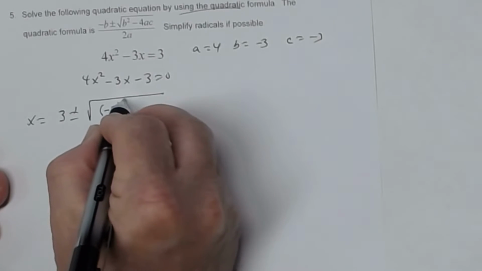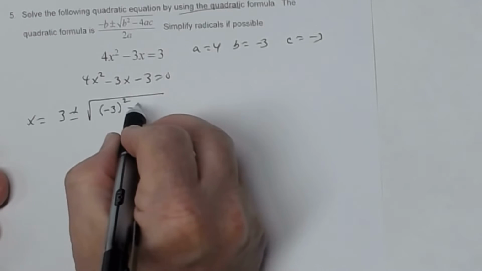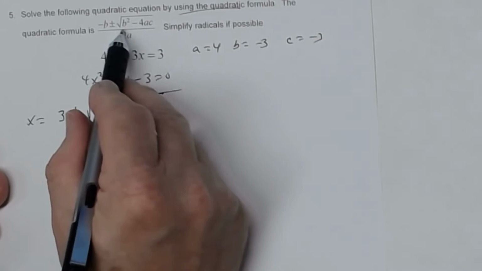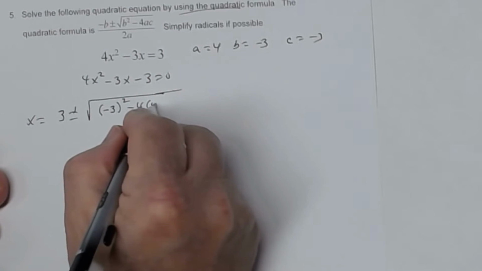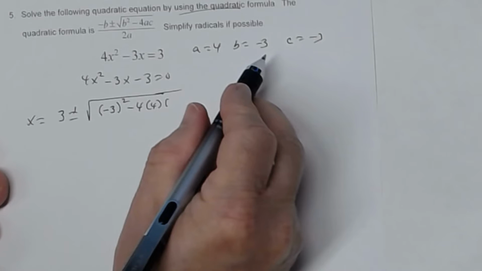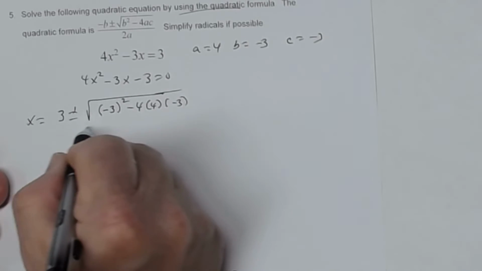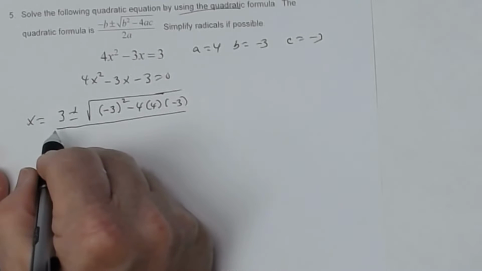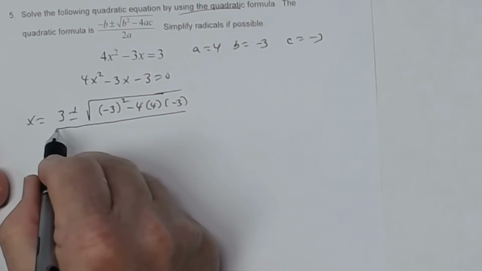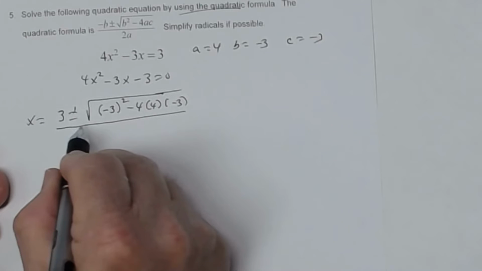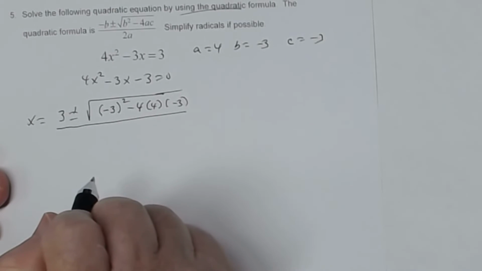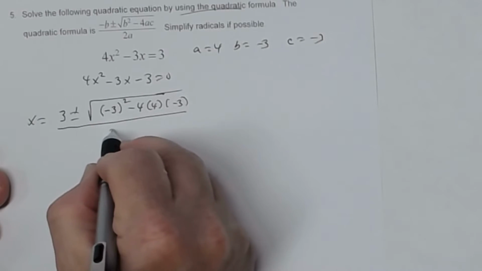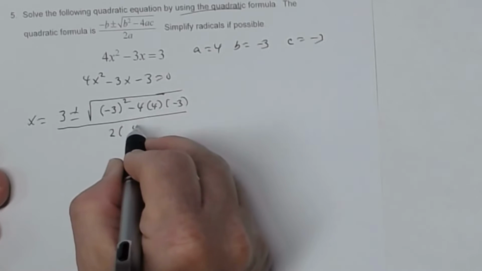B is negative, and I'm squaring that. Minus 4 times a. A is 4. And then times c, which is a negative 3. All of that. Now remember, you had to extend this. Make sure you write things mathematically correct. So you're going to go from here and then draw the division symbol all the way to the end. And divided by 2 times a, and a is 4.